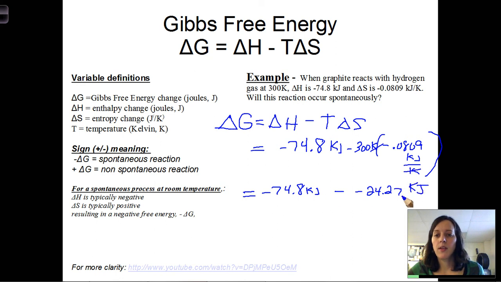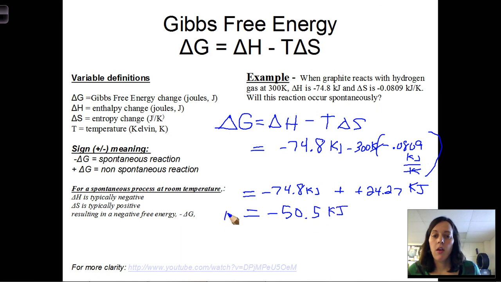We can subtract a kilojoule from a kilojoule, or actually in this instance, we're going to add, since we're subtracting a negative number. Negative 74.8 plus 24.27 ends up in a negative 50.5 kilojoules. So our delta G is negative. Based on the fact that it's negative, it will happen spontaneously. It would happen on its own.